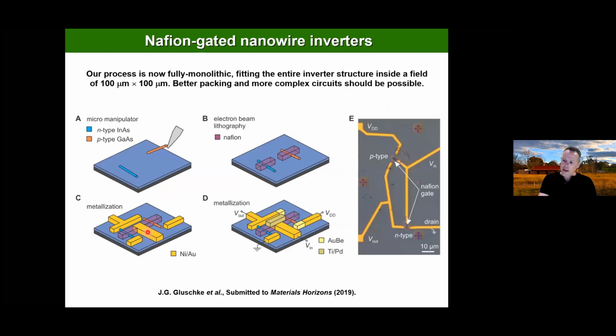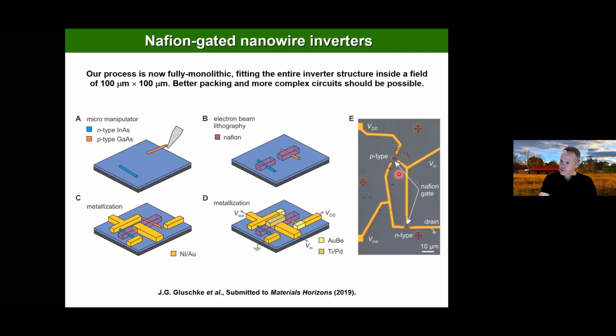We can then go back and do our metallization structures for the device with Nafion remaining. You can't do this with a lot of polymer electrolytes like polyethylene oxide because they're soluble in the solvents used for photolithography and electron beam lithography. And you can do multiple steps of metallization to basically build up an integrated circuit structure.